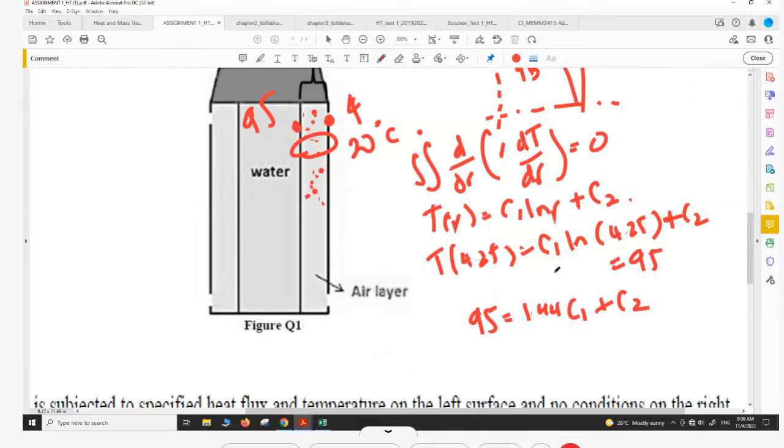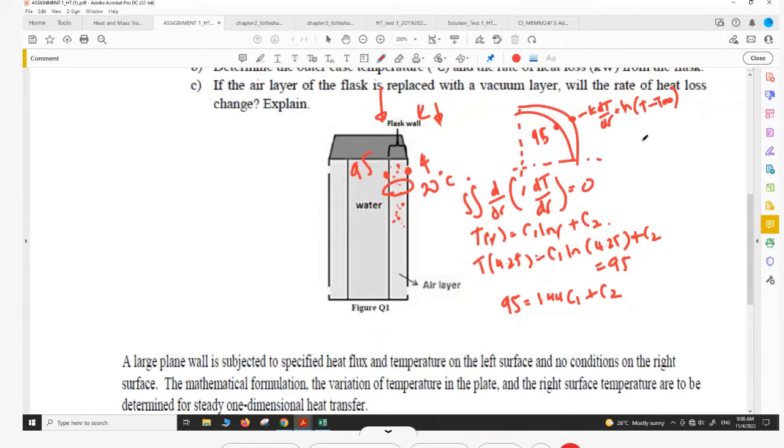So next, you are going to solve for the second boundary condition.